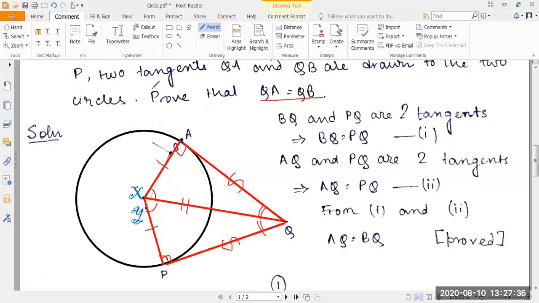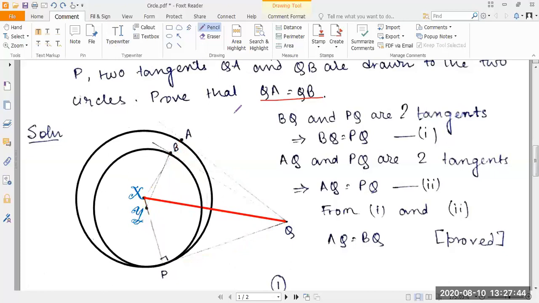So that is the basic theorem. But for this sum, we'll just need the fact that the lengths of the tangents are equal. So let's go back to the sum. We already proved that AQ is equal to PQ.